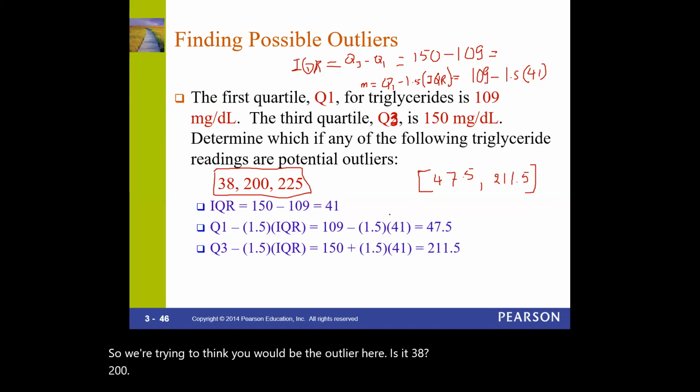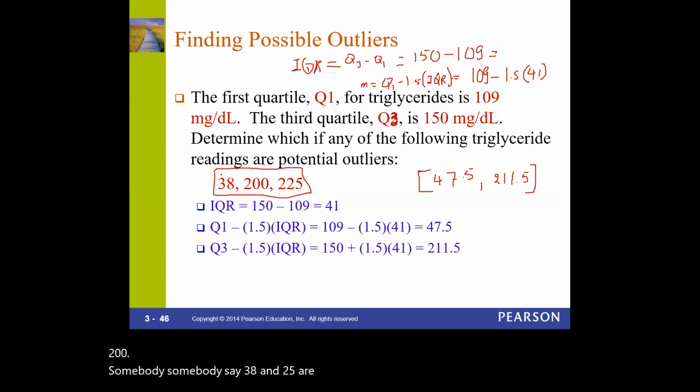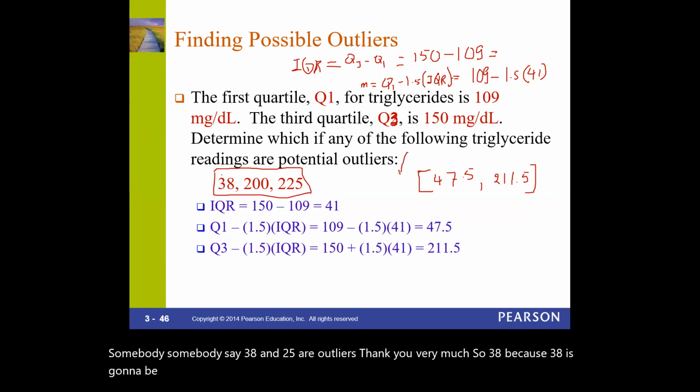Somebody says 38 and 225 are outliers. Thank you very much. 38 is on that side, so it's an outlier.